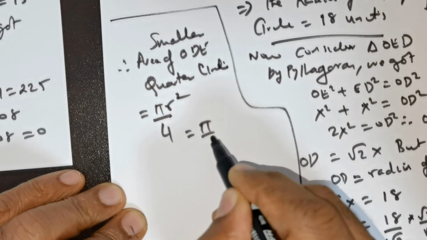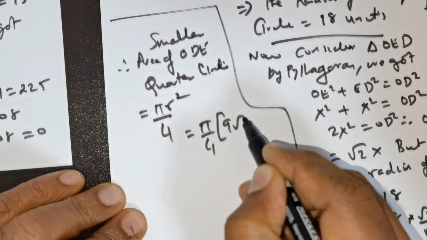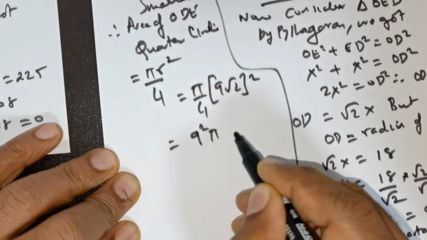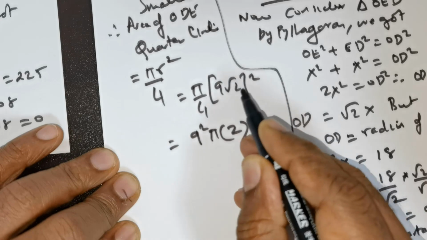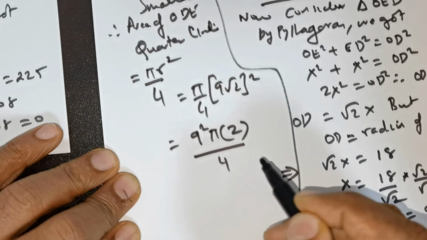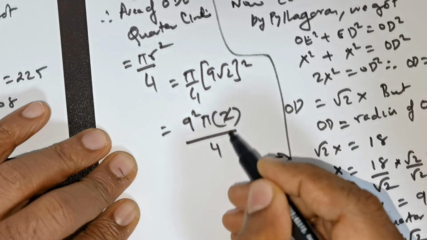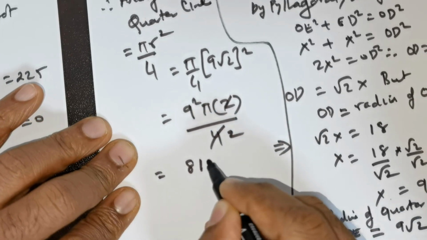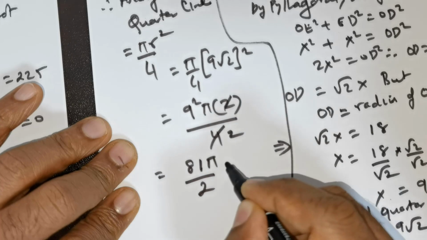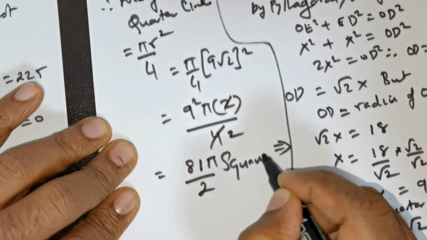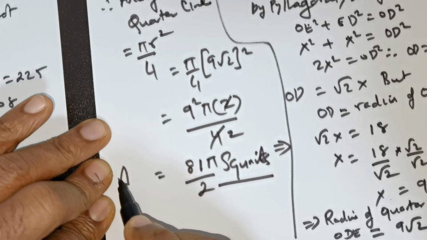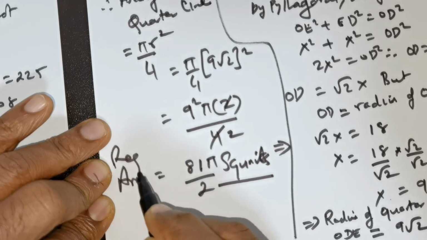So this is equal to pi over 4 times 9 into root 2 squared, which is equal to 9 squared pi times root of 2 squared, which is 2, divided by 4. So 2 divides here, 2 times. So 9 9s are 81 pi over 2 square units. So that's the area. So this is the required area.